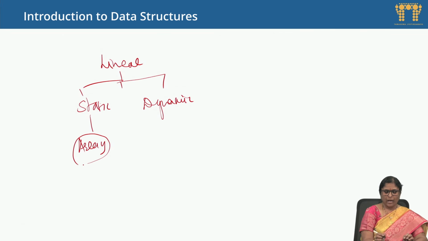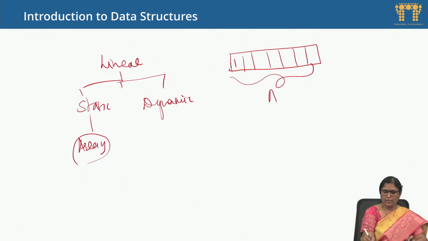An array is defined as a sequence of elements stored under a single name, and all the elements are of a similar data type, right? All these elements are stored under a single name, suppose A, and you have an index 0, 1, 2, 3, 4, 5, 6, and here you are storing the elements in a sequence.